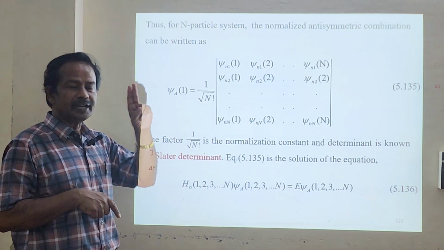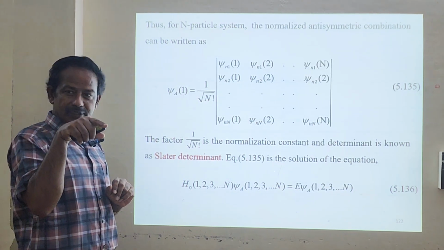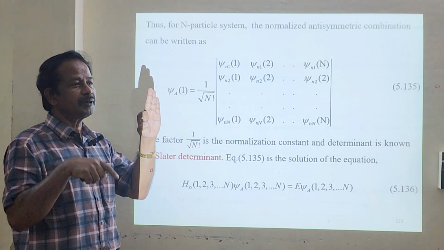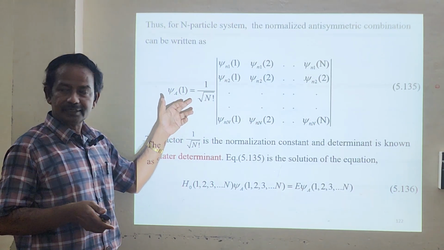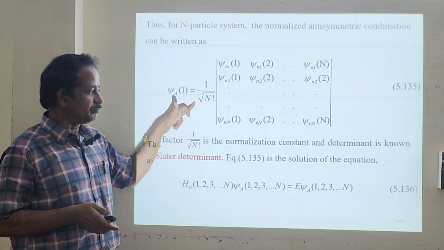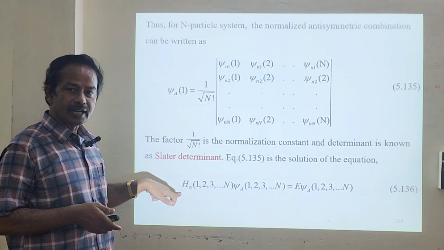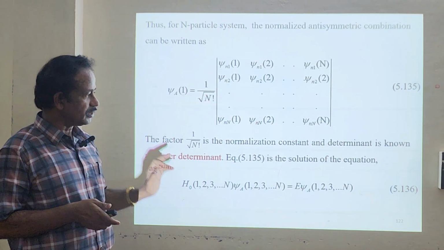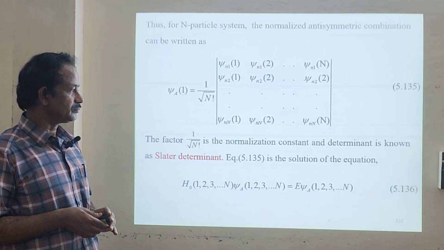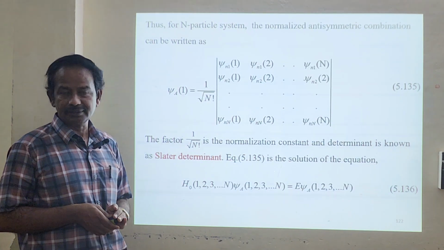For two particles, 1 by root 2. Correct? For 3 particles, 1 by root 6, which is 3 factorial. For n particles, we have 1 by root n factorial. We will have to use the eigenvalue equation and get the solution as a determinant. So this determinant is called the Slater determinant. The solution is given by the eigenvalue equation.